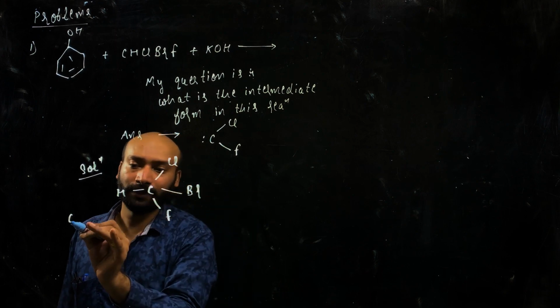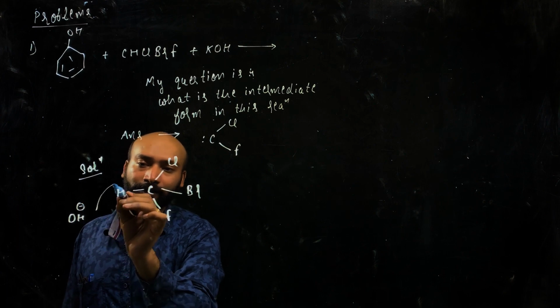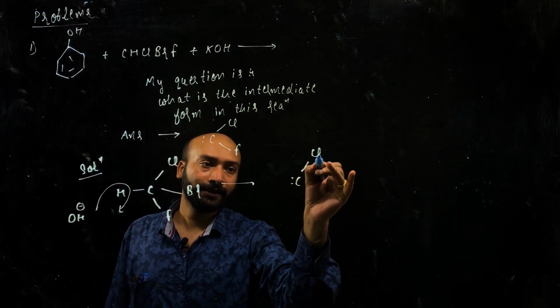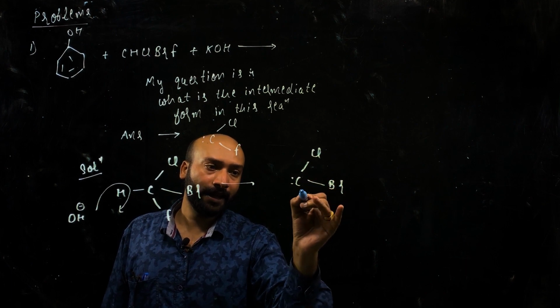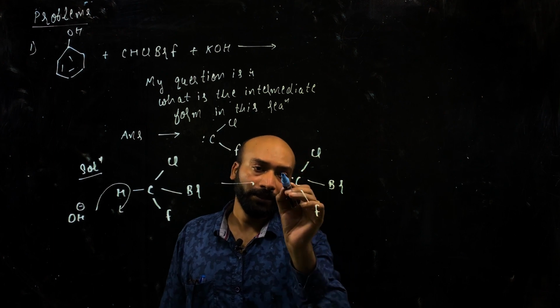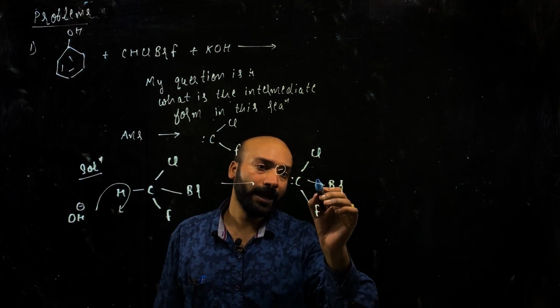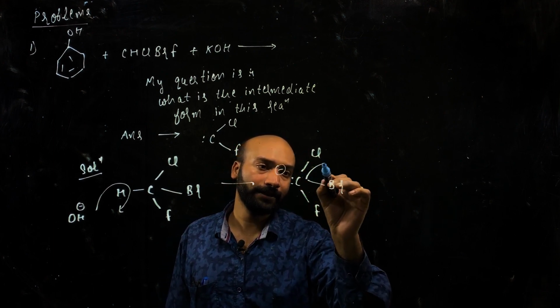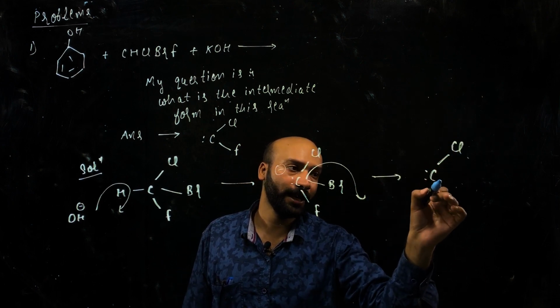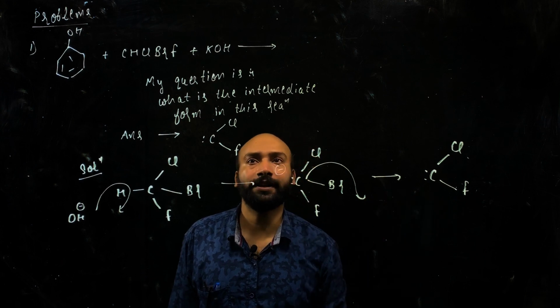OH negative first removes H positive from here, so carbon contains the negative charge, and everyone knows Br is a very good leaving group. So our intermediate is :CClF.